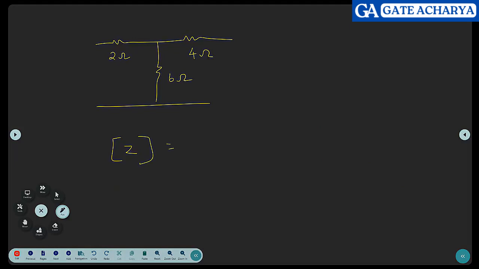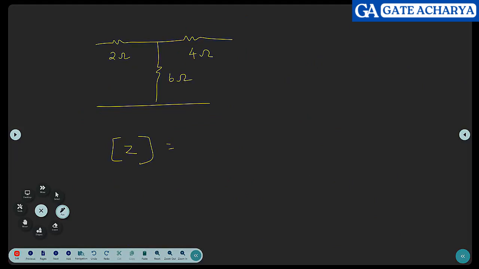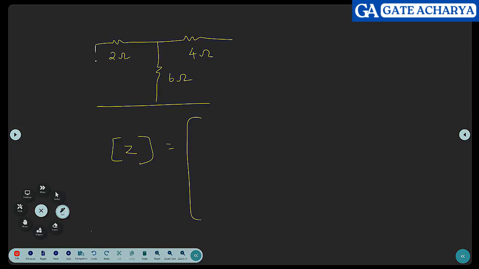What is a Z matrix? Open circuit the second port, and then give I1 as the source. Find V1. How will you do it? I want to find the first element. Open circuit it. Connect I1.